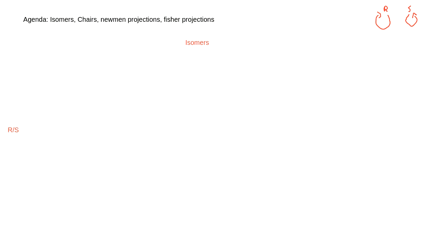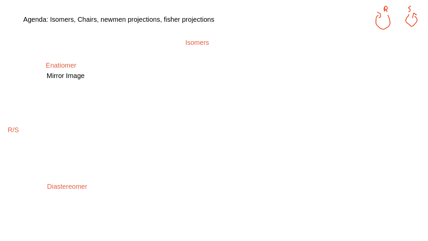So in R and S, there are 2 specific ones. One is called enantiomer, and the other one is called a diastereomer. Okay. Enantiomer is also called a mirror image, which is exactly what it sounds like. When you have 2 structures and you put them right next to each other, they should form a mirror image of one another.